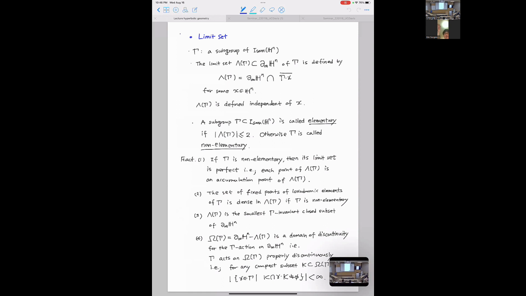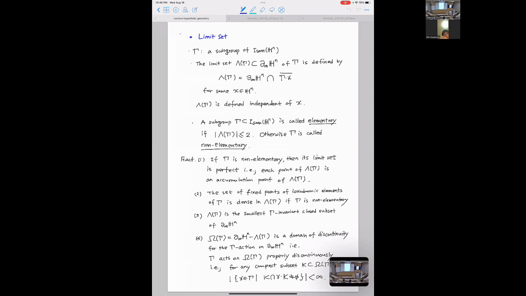Because if you have a discrete group in the isometry group of hyperbolic space, this group acts on the hyperbolic space and also on the boundary of the hyperbolic space. Okay, so there are two actions of the discrete group. This is an important thing you have to keep in mind.